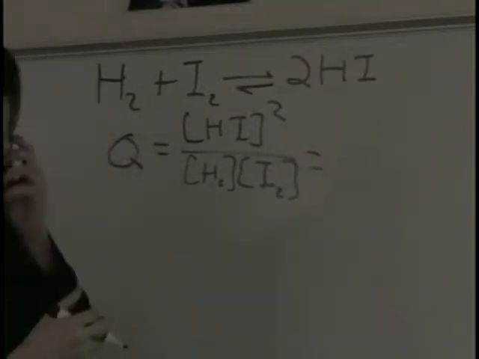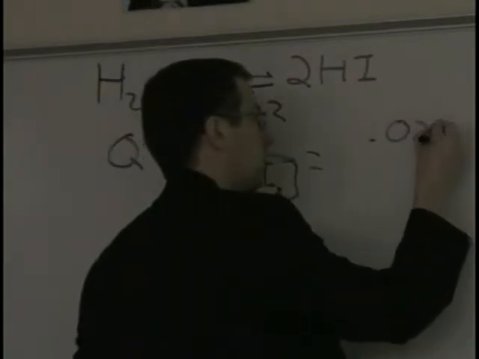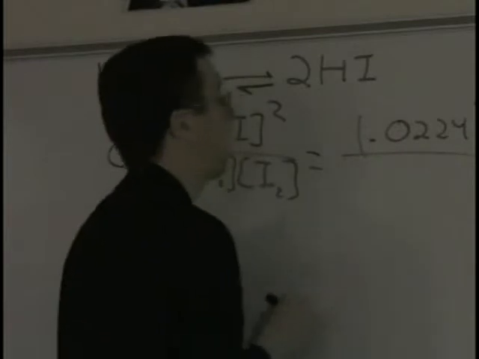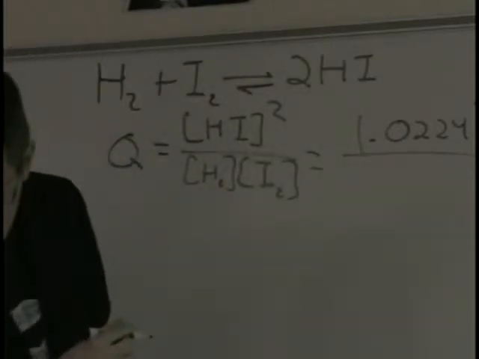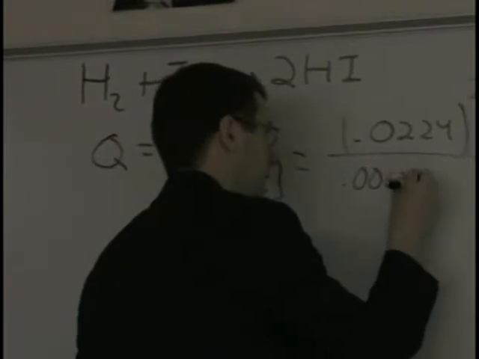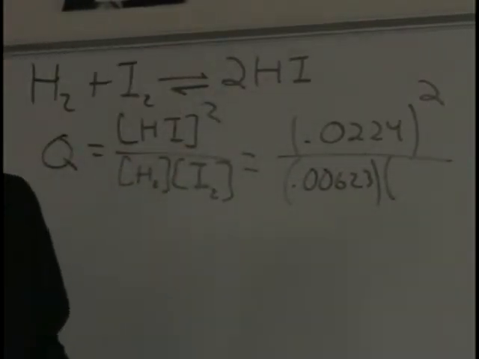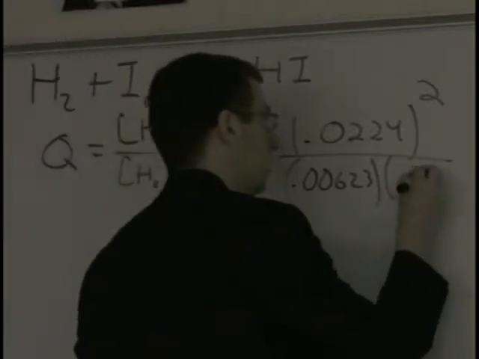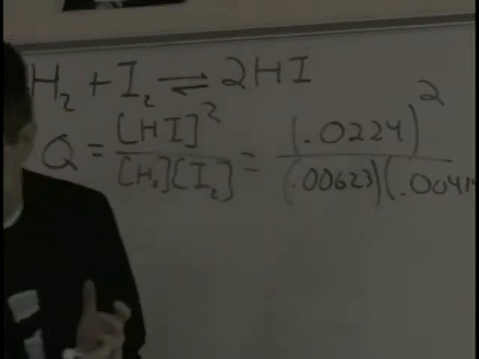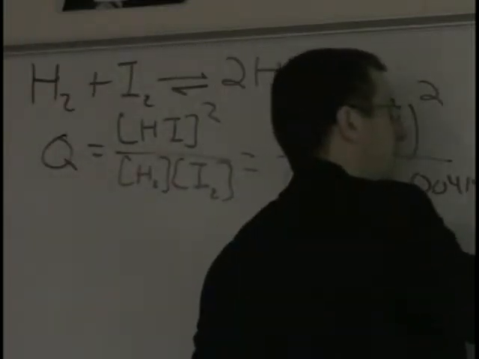If I plug in the numbers, I'm going to have 0.0224 squared divided by 0.00623 times 0.00414. When I solve for this, I get a Q value of 19.45.